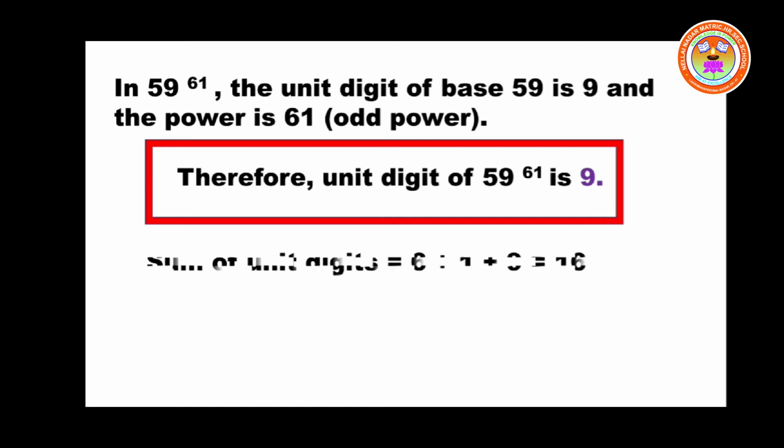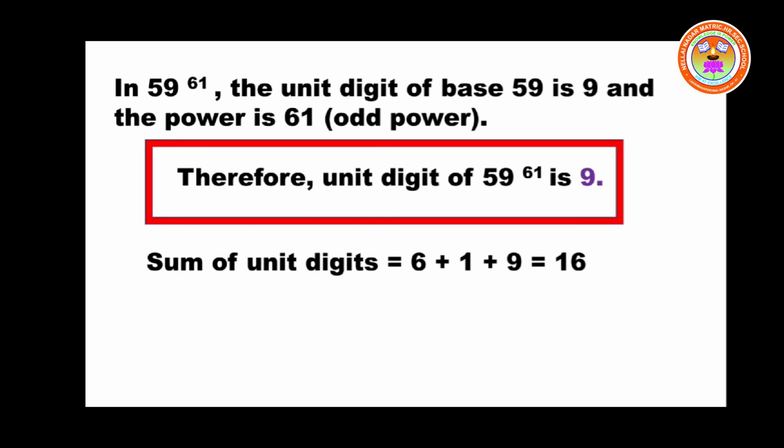Okay, now next step, sum of unit digits. Before, we did a product. Product means what, children? It is a multiplication. But now it is an addition. So the sum of unit digits equals 6 plus 1 plus 9. When you add all the three numbers, you will get 16.